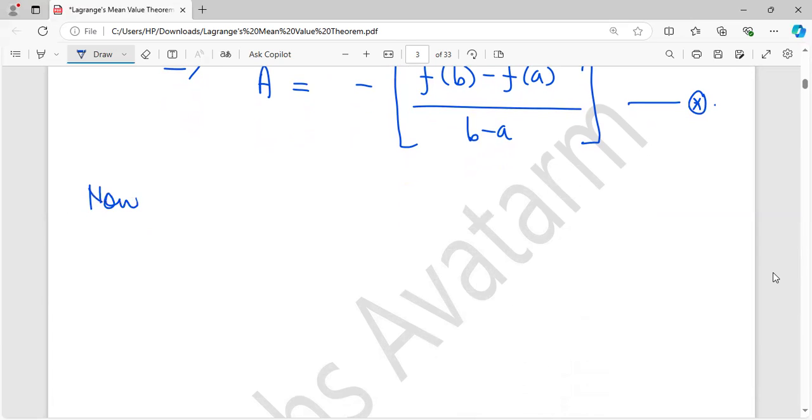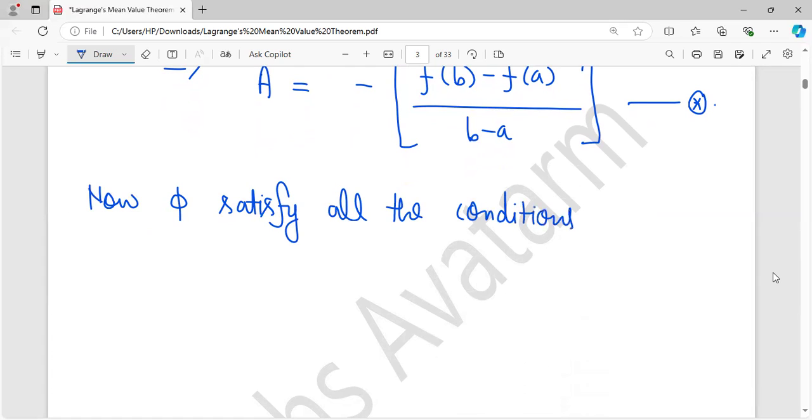Now phi satisfies all the conditions of Rolle's theorem on closed interval [a, b].